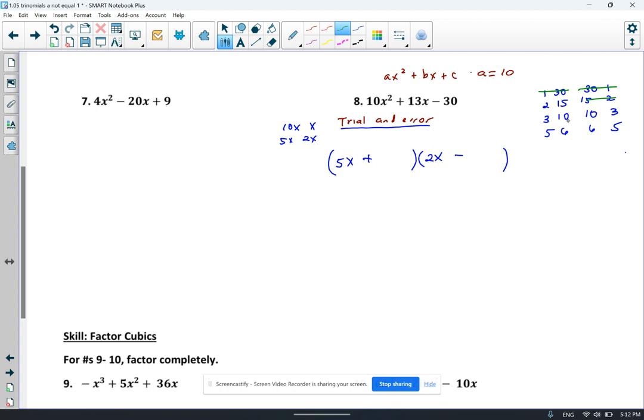Could it be 3 and 10? Well, it can't be because if I put the 10 here, 2 goes into 10. So I can cross that off. But it can't even be 10 and 3, right? Because 5 goes into 10. Look at all of them that I'm crossing off. We love that, right? So far we have 2 and 15. Could it be 5 and 6? No. Here goes another one because 5 goes into 5.